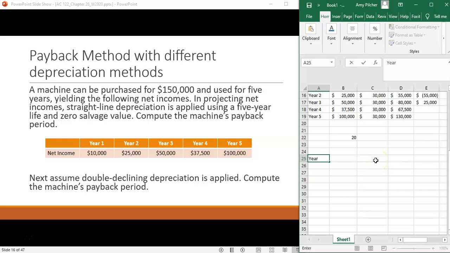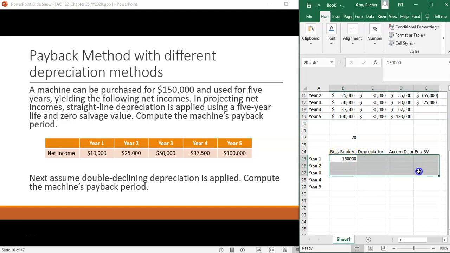So let's do each year's depreciation, just a refresher on calculating depreciation. So the first year, that piece of equipment is worth $150,000.